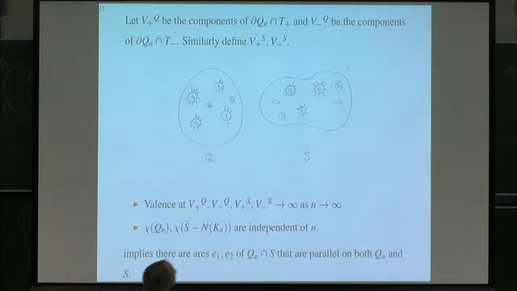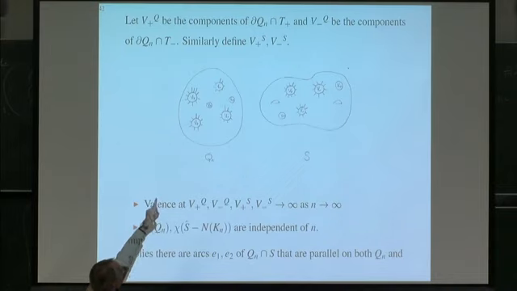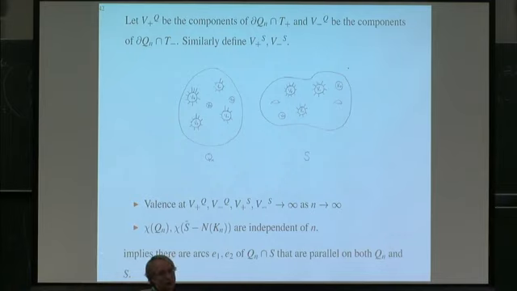So you're getting these boundary components with larger and larger valence as n goes up, of essential closed curves. We don't know how many boundary components V plus and V minus has, but what we do know is that the valence is going up on those. Otherwise, the Euler characteristic is bounded between Qn and S as n goes up.